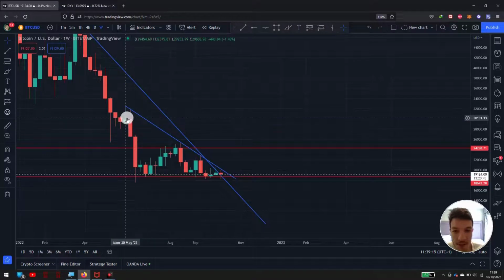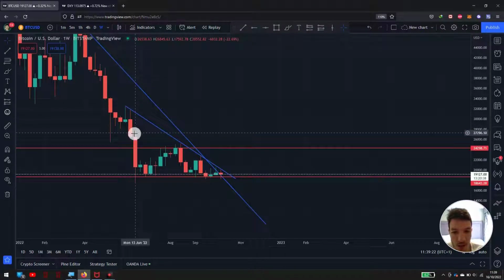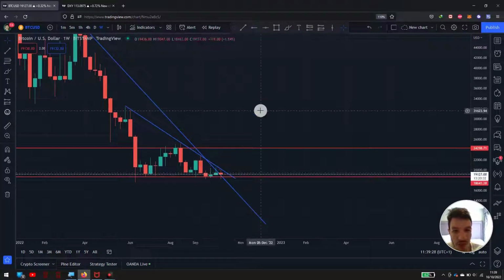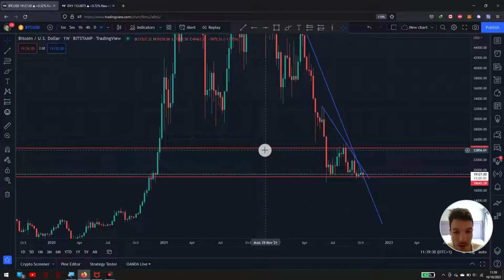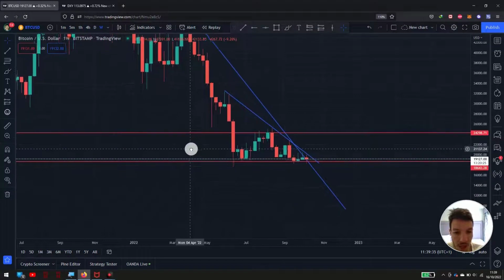But sometimes the descending triangle can resolve to the upside, which means that even though a descending triangle is a bearish pattern, sometimes it can be a continuation to the upside. It's very interesting how Bitcoin is going to react.